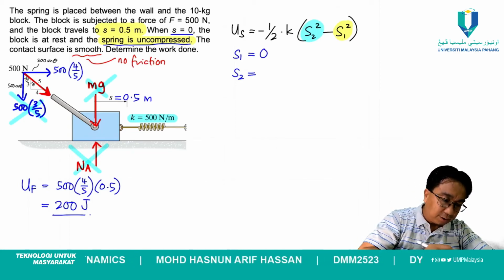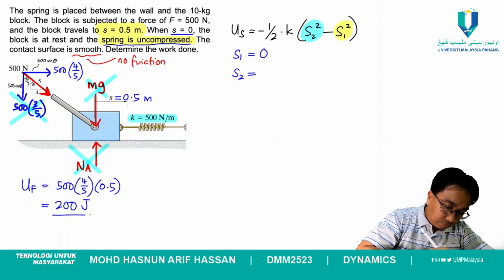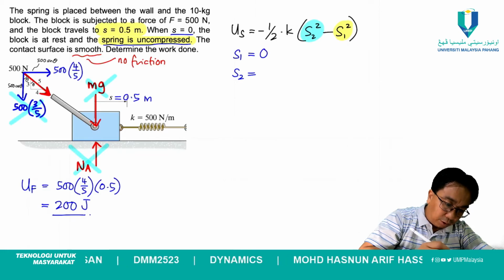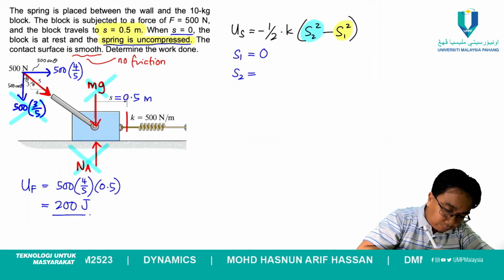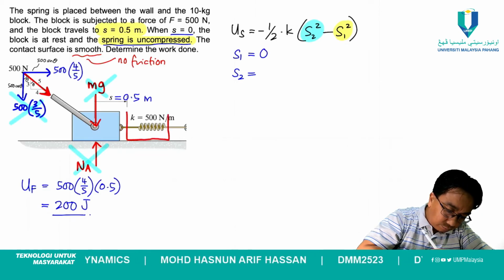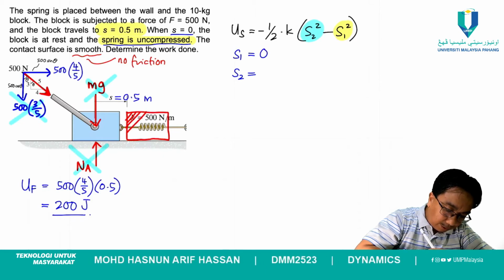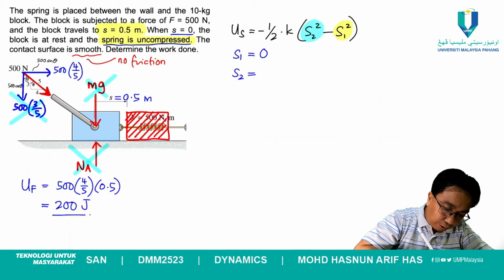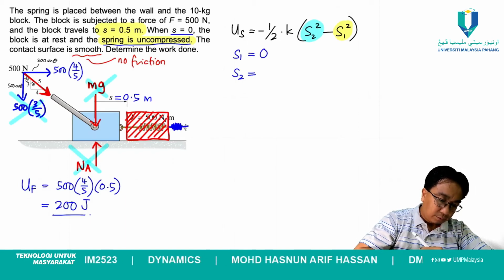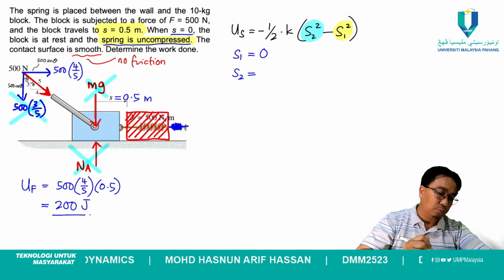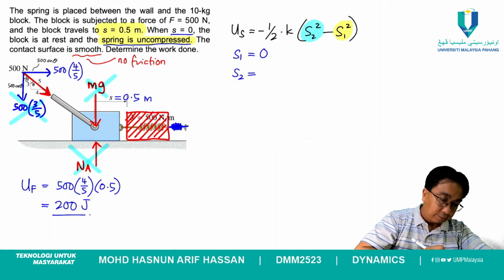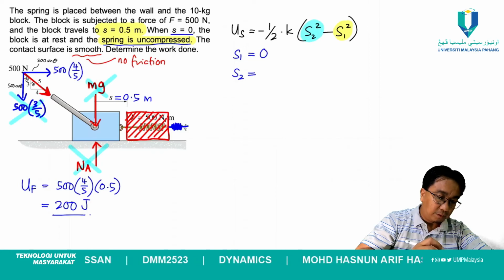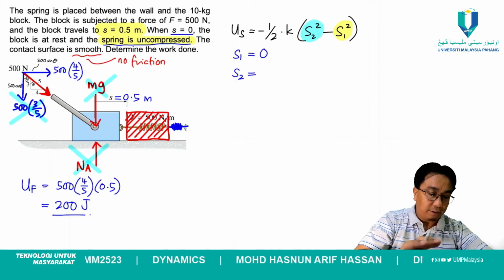If the box now travels to here, and causes the spring to be compressed like this, what will be S2? Negative 0.5. It is not negative, it is just a positive value.